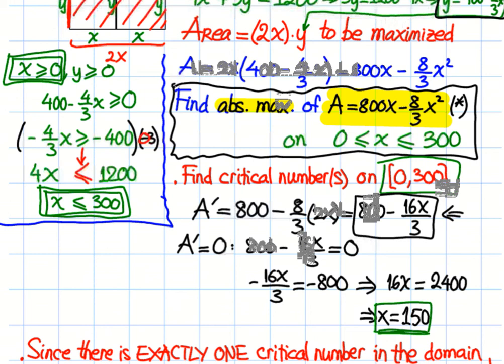Since we're going to use x and y, we can say the area is 2x times y.